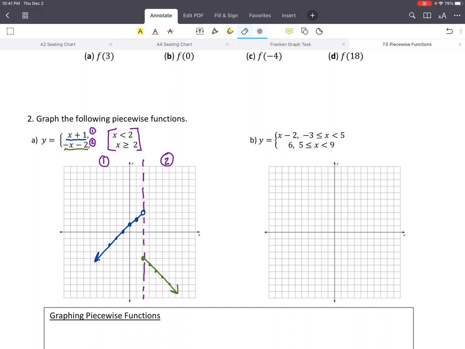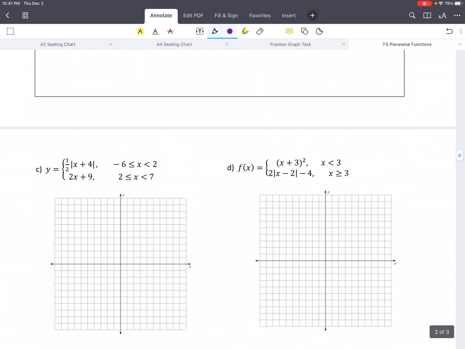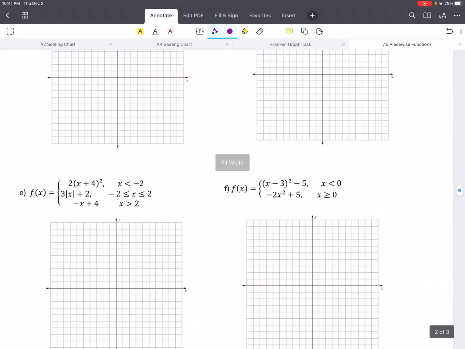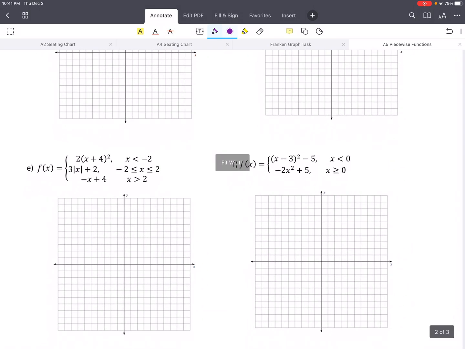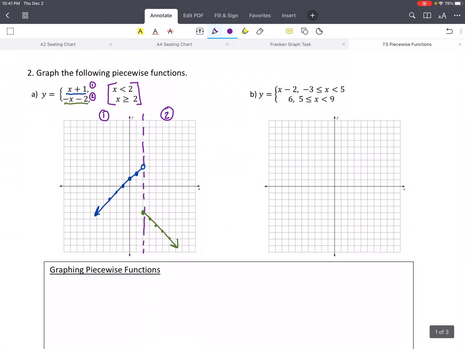We're going to do another example now. We'll do part B. So my boundaries here are at anything in here.